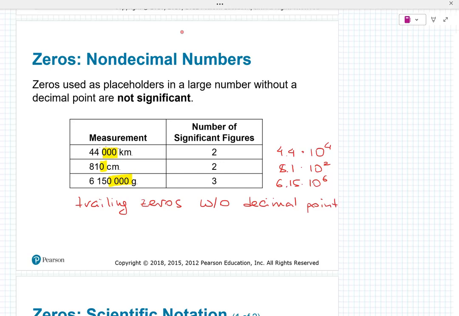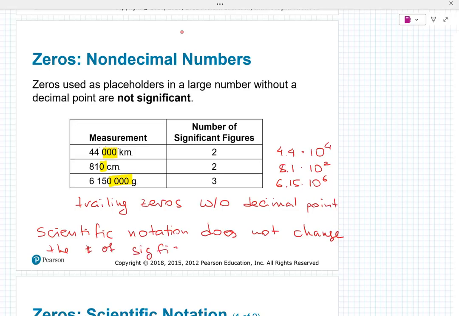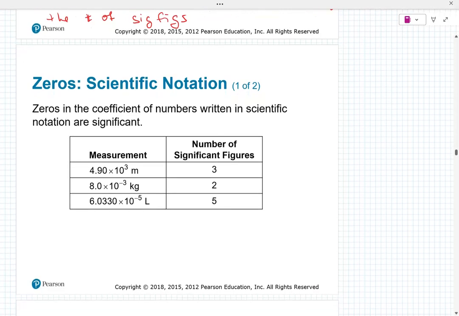So I'm going to put it as a note: scientific notation does not change the number of significant figures.